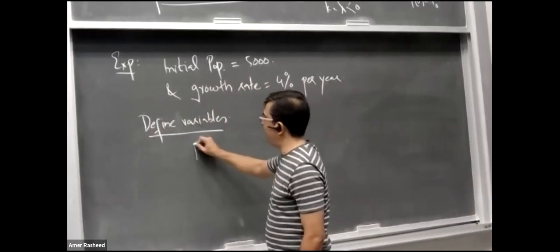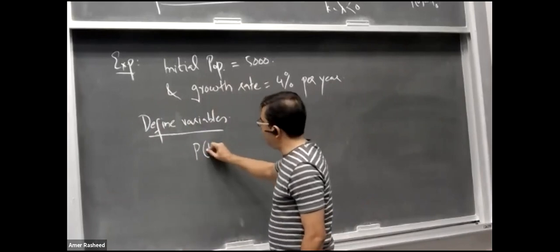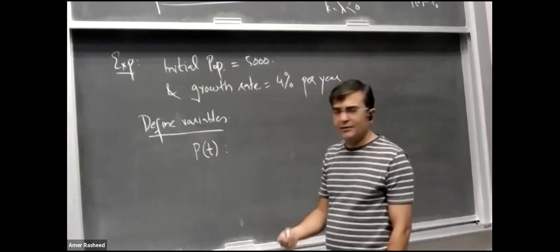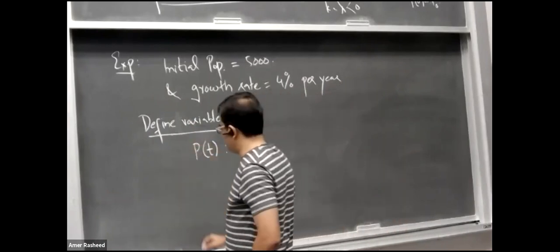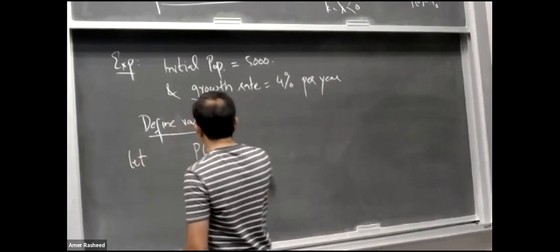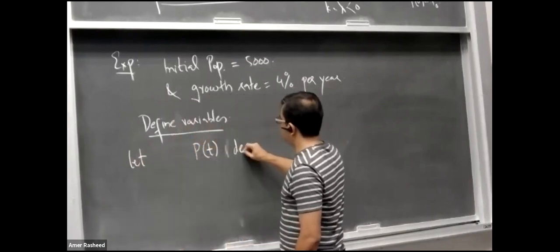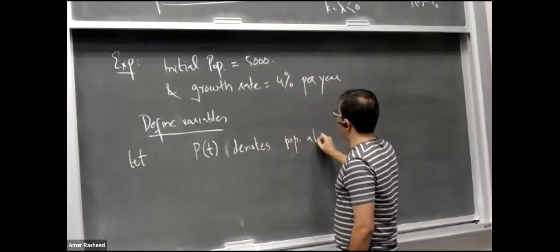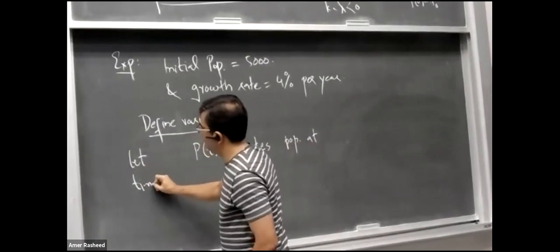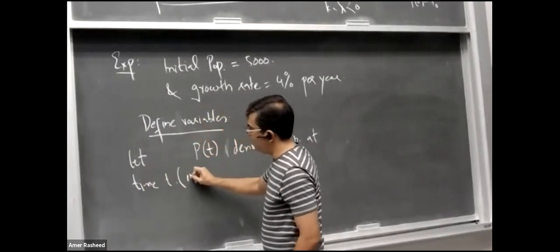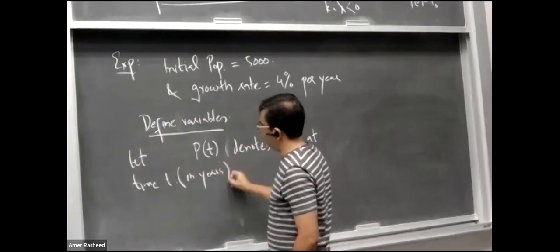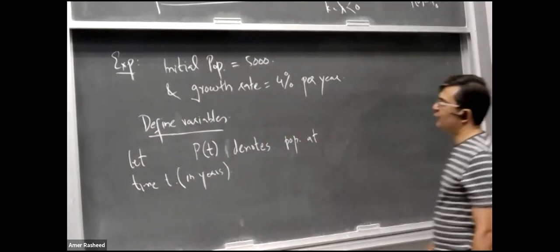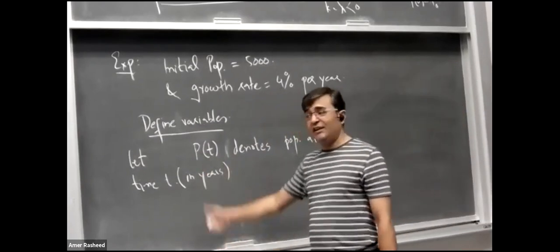For example, we say that P of T represents population at certain time T, at any time T. So let P denote population at time T in years. So P is your population variable, T is your time variable in years.